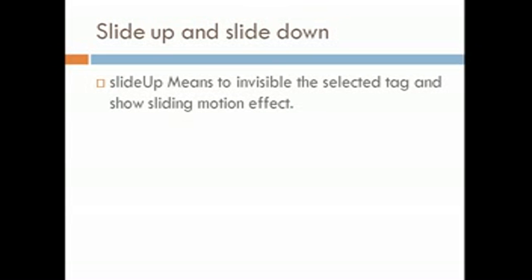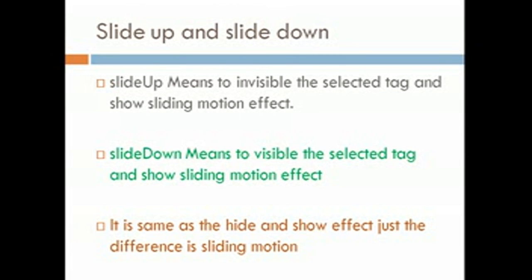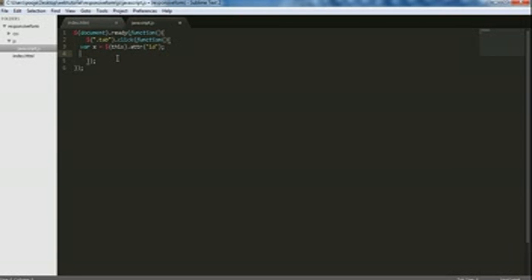So, now slide up and slide down. Slide up means to make the selected tag invisible and show a sliding motion effect, and slide down means to make the selected tag visible and show a sliding motion effect. It is the same as hide and show, just the difference is the sliding motion. Now if x is equal to sign up, then remove the class select from sign in.